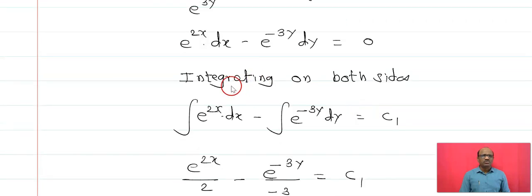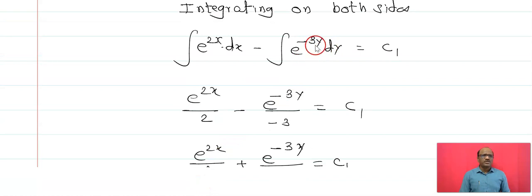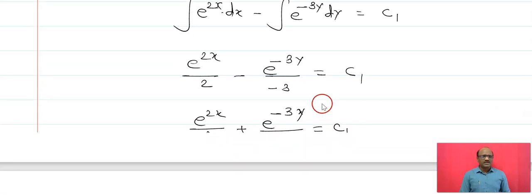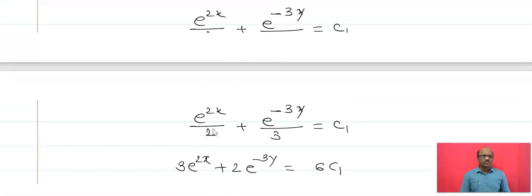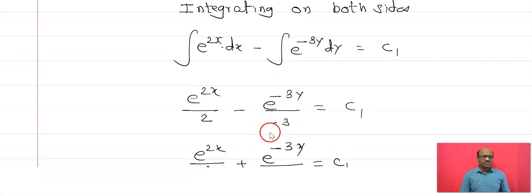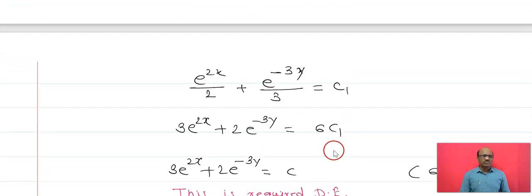Now integrating on both sides, what is the integral of e raised to 2x? The integral of e raised to 2x is e raised to 2x upon 2, minus the integral of e raised to minus 3y, which is e raised to minus 3y upon minus 3, and that is equal to c1. And again simplifying, you will get e raised to 2x upon 2, minus minus will become plus, therefore e raised to minus 3y upon 3, is equal to c1.